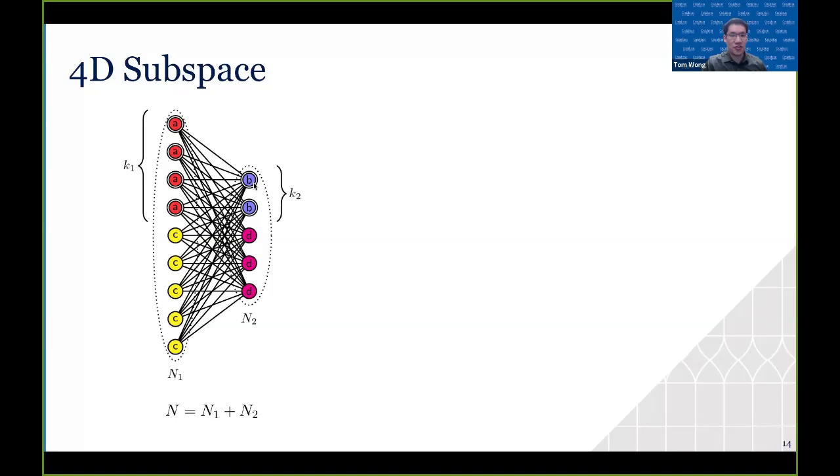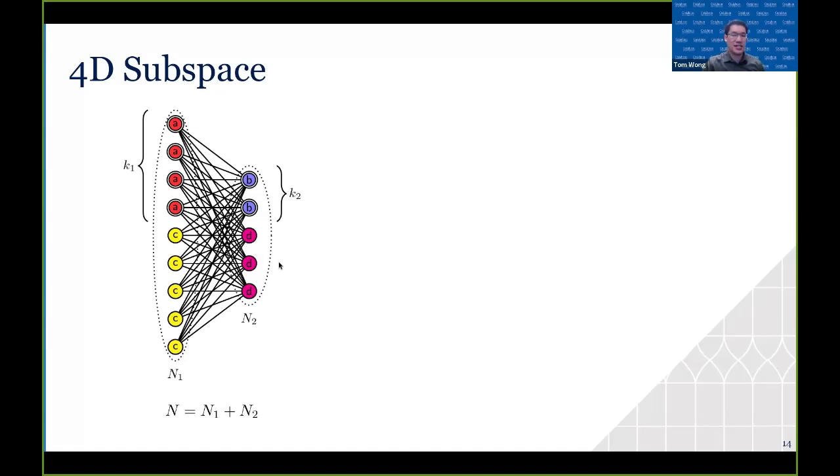Similarly, the marked vertices in the right set that I've labeled B and colored blue, these all evolve in exactly the same way. Here on the left, all of the unmarked vertices labeled C and colored yellow, these all evolve the same way. And all of these D vertices on the right, these unmarked vertices, these all evolve in exactly the same way as well.